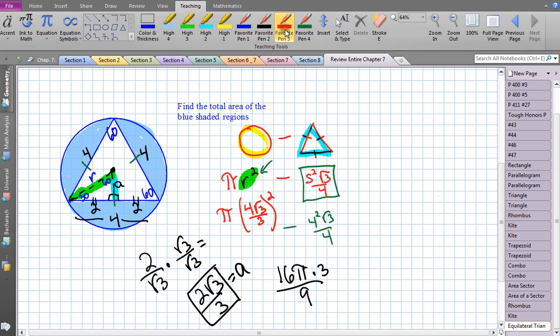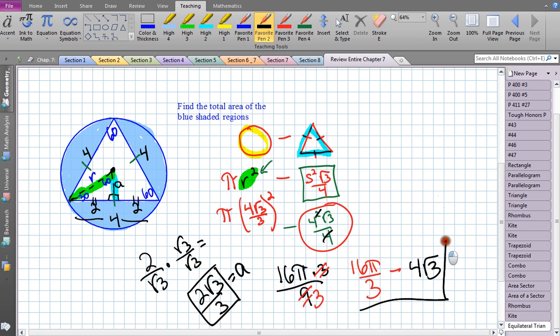Let me simplify this a little further. 3 goes into 9 3 times, so it's 16 pi over 3 minus whatever this is. One of these 4's cancels with one of those. That leaves me with 4 radical 3.